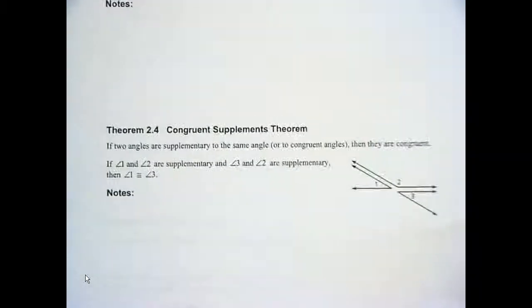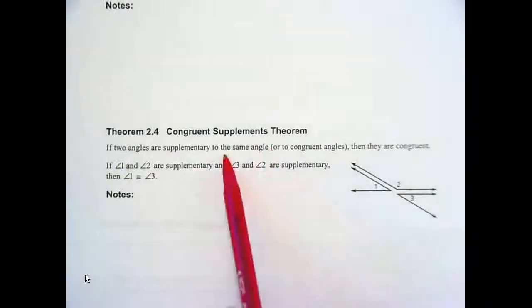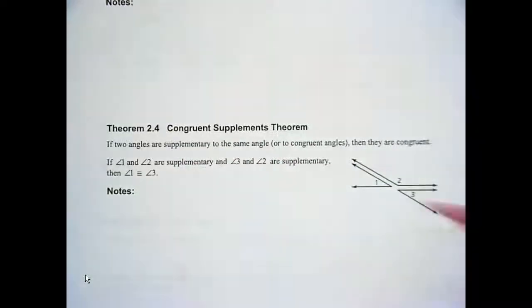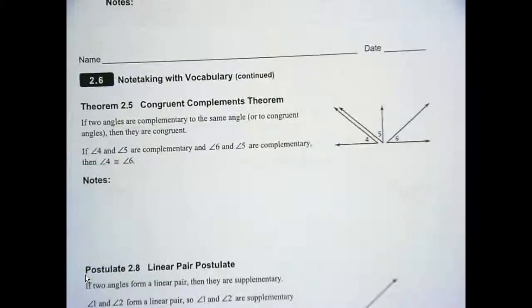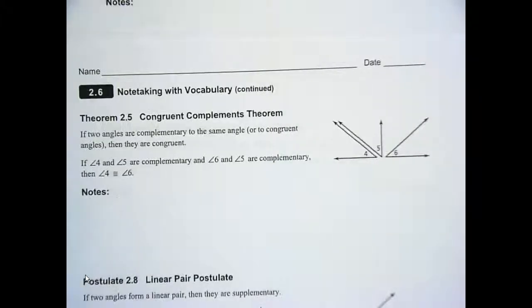Theorem 2.4, congruent supplements theorem. This on page 61. If two angles are supplementary to the same angle or congruent angles, then they are congruent. Things that we've talked about a bit. Just to review, page 62, congruent complements theorem. If two angles are complementary to the same angle, then they're congruent to each other.